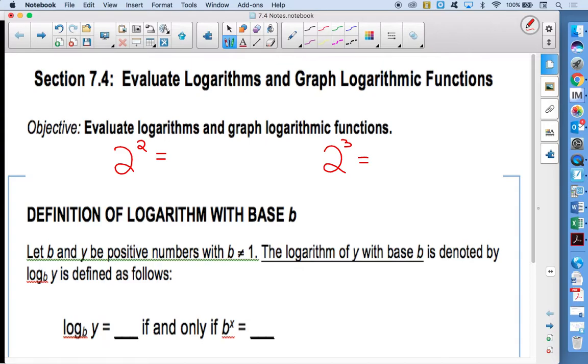We know that 2 squared is 4, and 2 cubed is 8, but the number in the middle, we don't know. We don't know what power of 2 would give us 6.